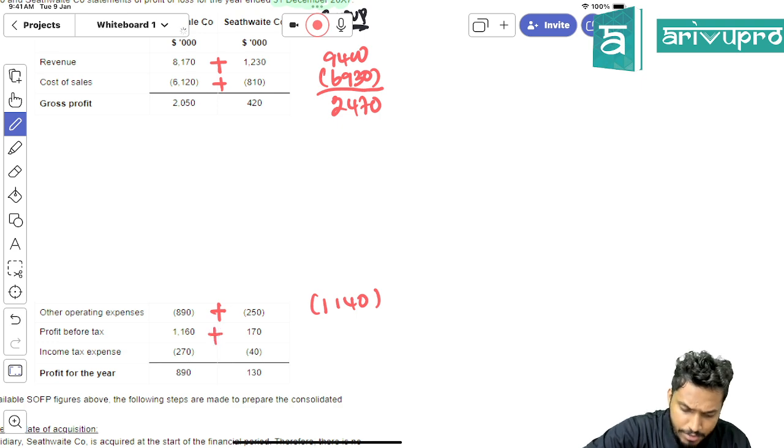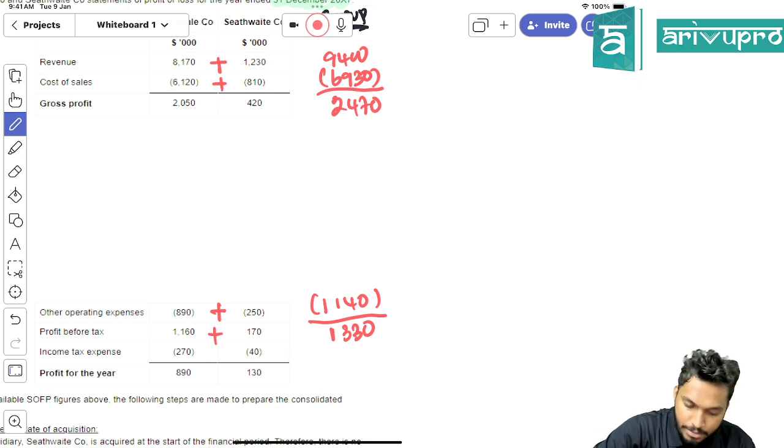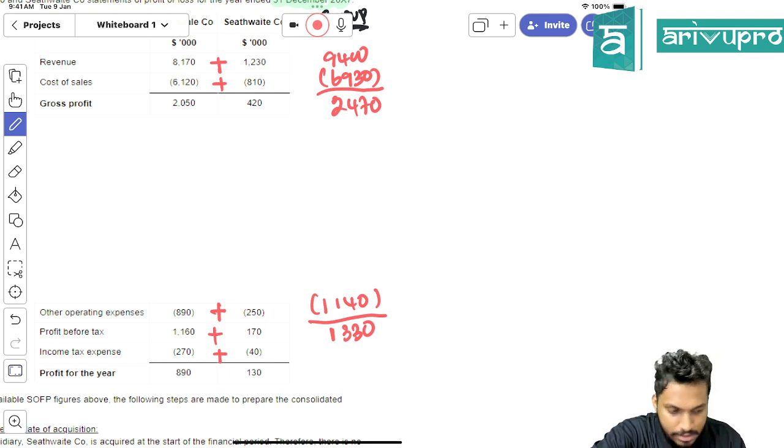Then you arrive at the profit before taxes, which means 2,470 minus 1,140, which is 1,330. From that you need to deduct the tax expenses, 270 plus 40, so it will be 310.